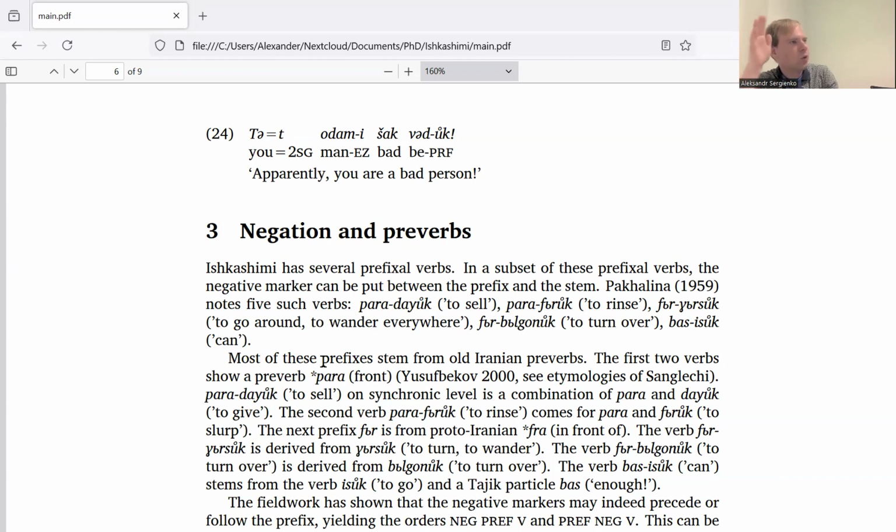Like this good old Iranian verb, and a loan word from a Tajik particle bas, which means enough. Well, I will ask the semanticists how the semantic shift occurred, like the verb to be able, which is derived from go, and some particle which means stop.